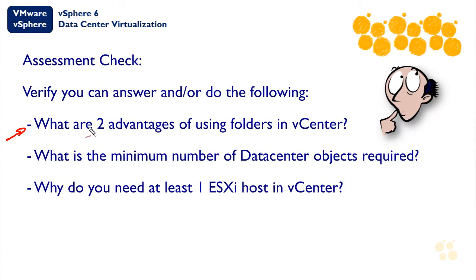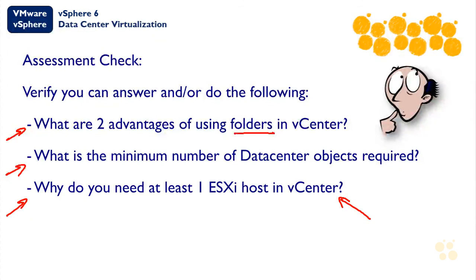What are the two advantages of using folders inside of vCenter? Question number 2. What's the minimum number of data center objects required inside of vCenter? And I should add, for it to be functional. And question number 3. Why do you need at least one ESXi host as an object in vCenter?